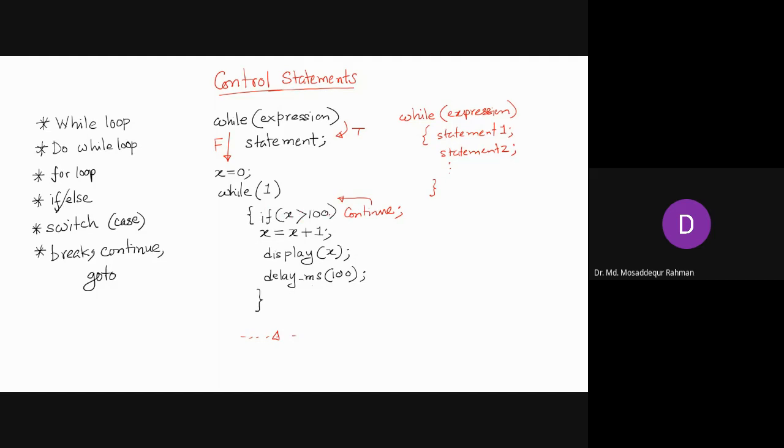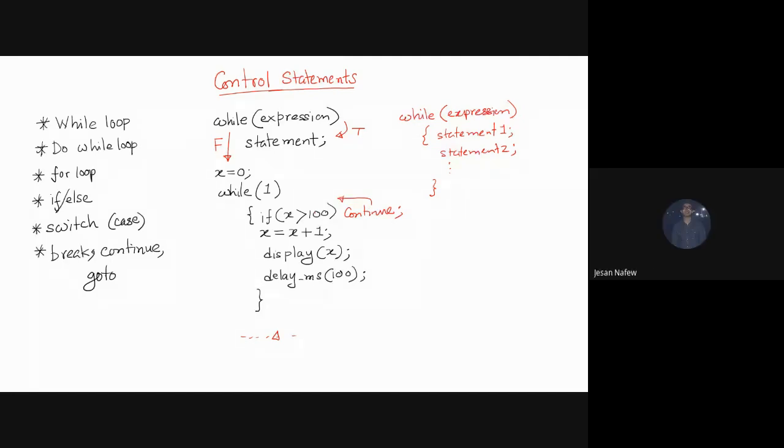So again it goes back to if x is greater than 100, continue. So it is just going in a circle. In the display, you will see that it has displayed 1 to 100 and then it is doing nothing, basically stuck inside the loop. Is that clear, guys?